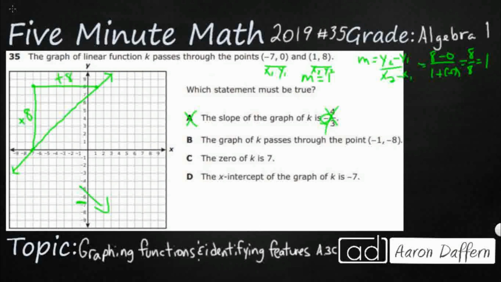The graph of k passes through the point (-1, -8). So here's -1, and here's -8. What in the world? No, it does not. I could just tell you this point right here is nowhere on this graph, unless it's a parabola and it has this weird bend. But I don't think it is.